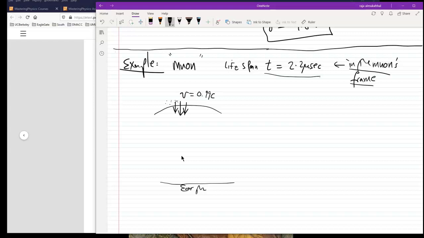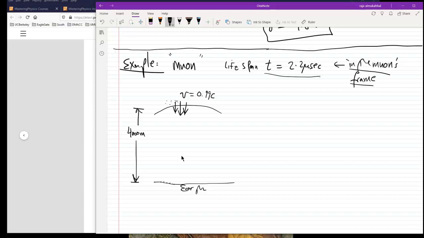Now, we know that from the upper atmosphere to the surface of the Earth is roughly 4,000 meters, which is roughly 4 kilometers.